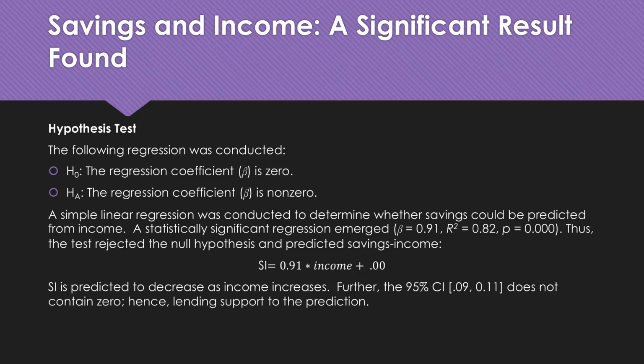Thus, the test rejected the null hypothesis and predicted savings and income. Savings equals 0.91 times income plus 0.00. Savings is predicted to decrease as income increases. Further, the 95% confidence interval of 0.09 and 0.11 does not contain 0, hence lending support to the prediction.